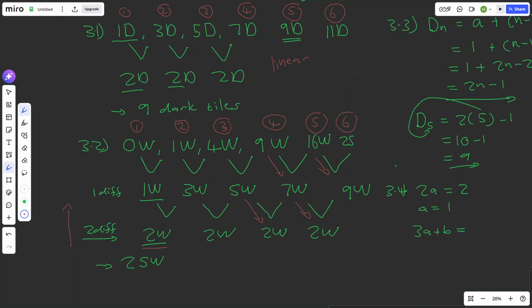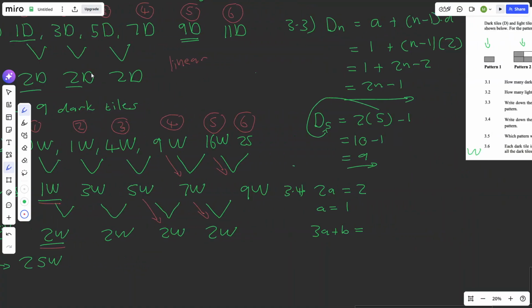You see, we are going in this direction here. We firstly dealt with that, now we're dealing with that. 3a plus b, and that is equal to 1. A, we got it from our previous calculation, so it's going to be 1 plus b, and that is equal to 1. So b is equal to minus 2.